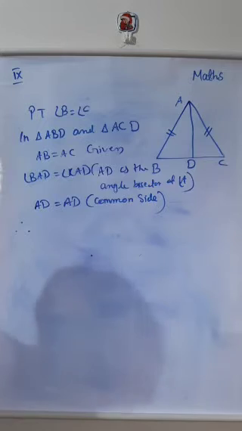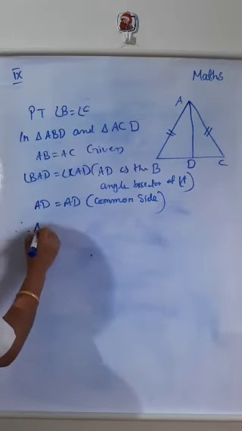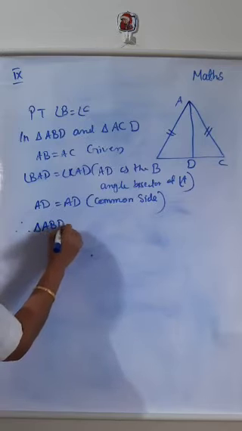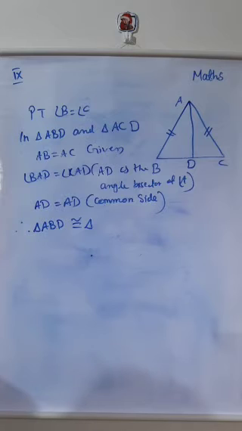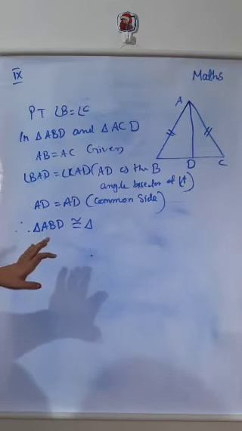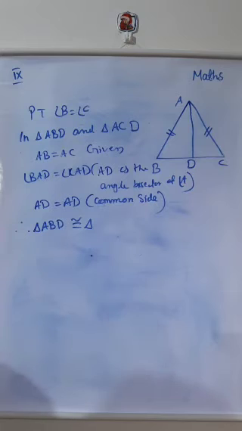Therefore, we got two sides and the included angle. So we can say that triangle ABD is congruent to triangle ACD.